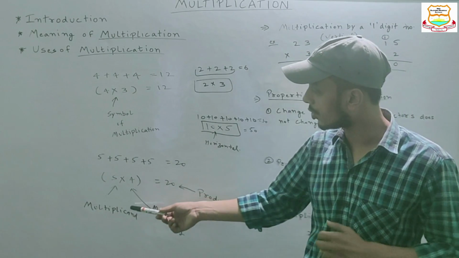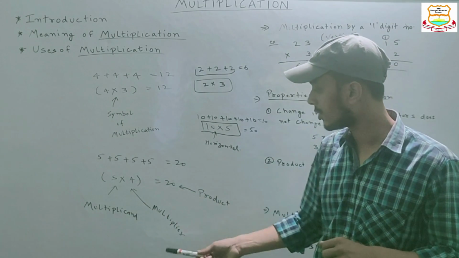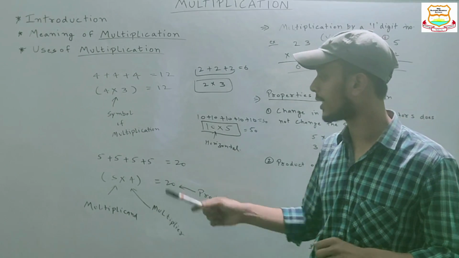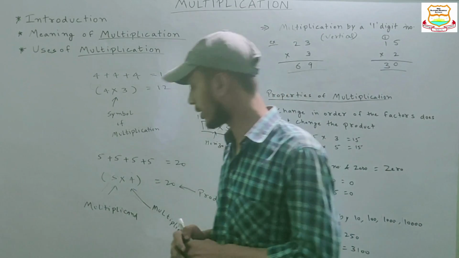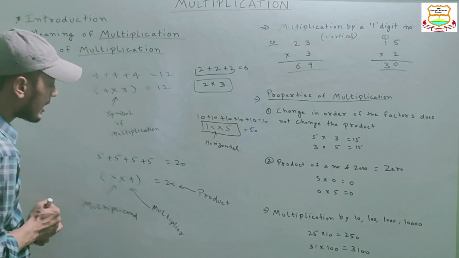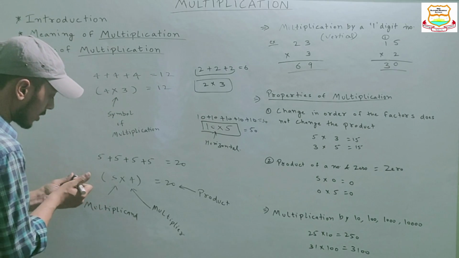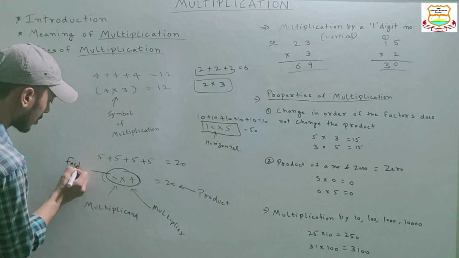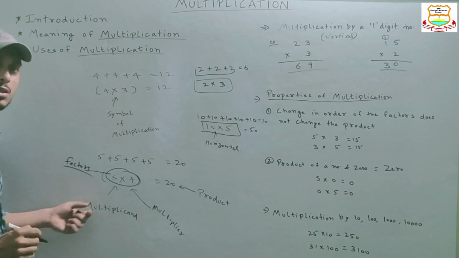After that, we saw what is multiplicand, what is multiplier, what is product. And one more new piece of knowledge: these two numbers are also called factors.